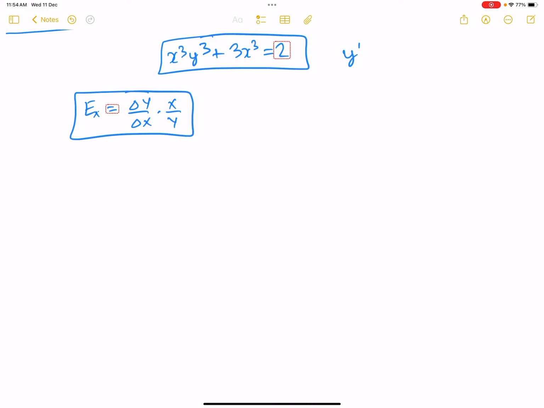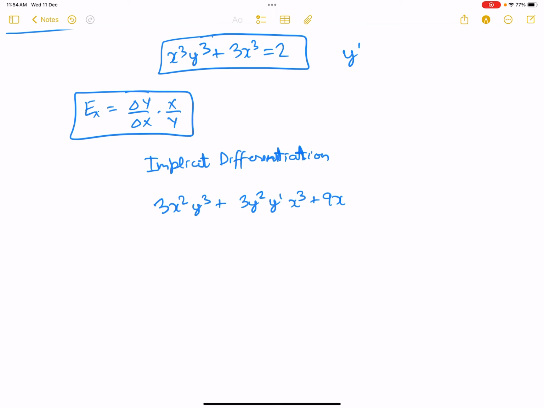Now, using implicit differentiation, we have 3x square y cube plus 3y square y dash into x cube plus 9x square equals 0.